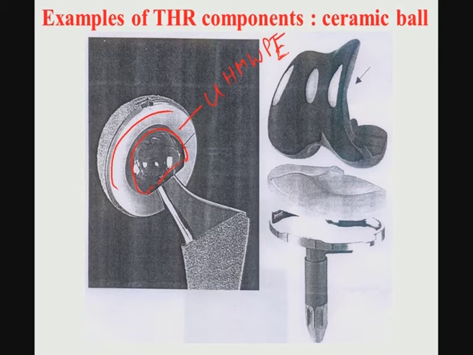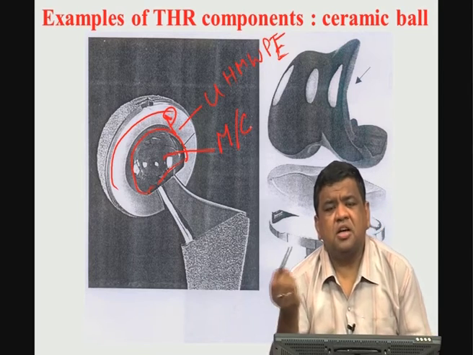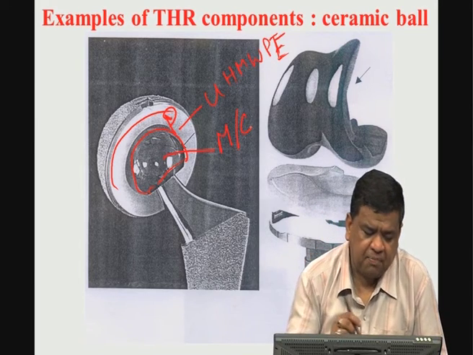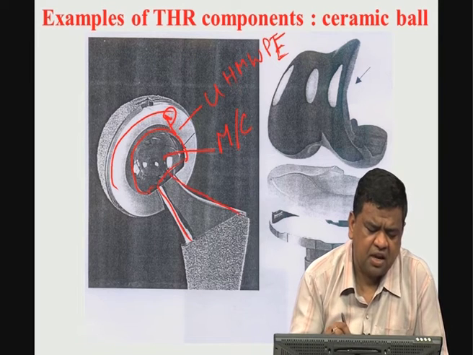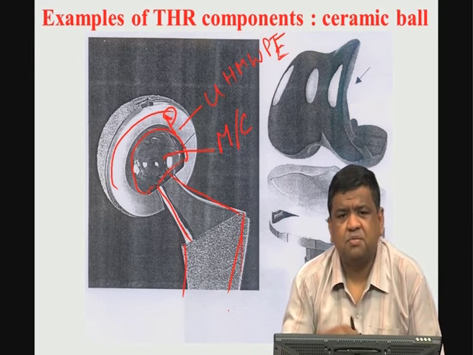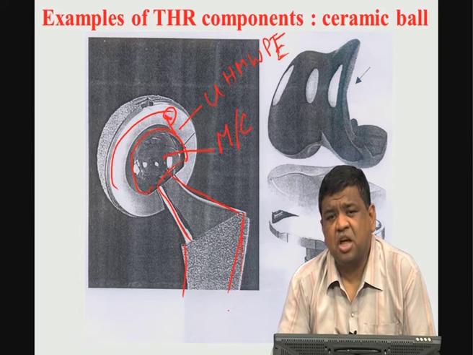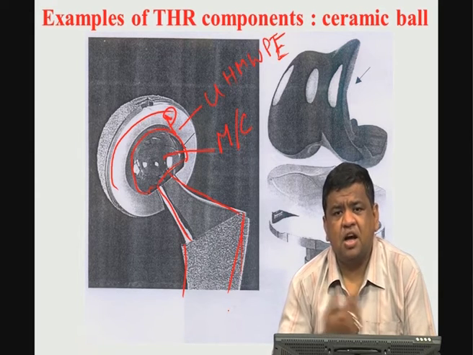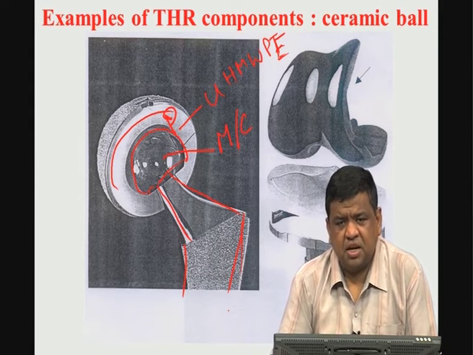Here all the different primary material classes are used in an integrated manner. For example, this is your polymer, and this is the femoral ball head which can be either metal or ceramic, because a ceramic ball head has a distinct advantage over the metals or polymer simply because ceramic has much longer durability. And when you come here, this is the neck of the femur, and then here this femoral stem, and this femoral stem part is typically made of titanium alloys or stainless steel based materials and so on.